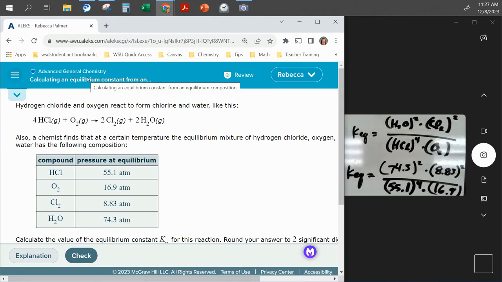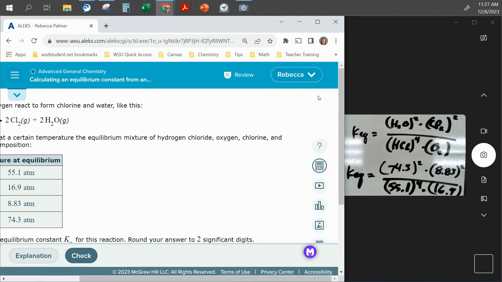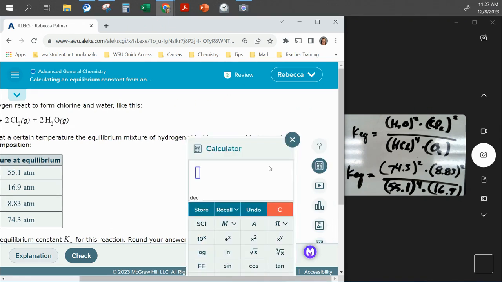Okay, and then I just find my calculator and type those numbers in. So let me put this in parentheses. So I've got 74.3, and that's going to be squared.